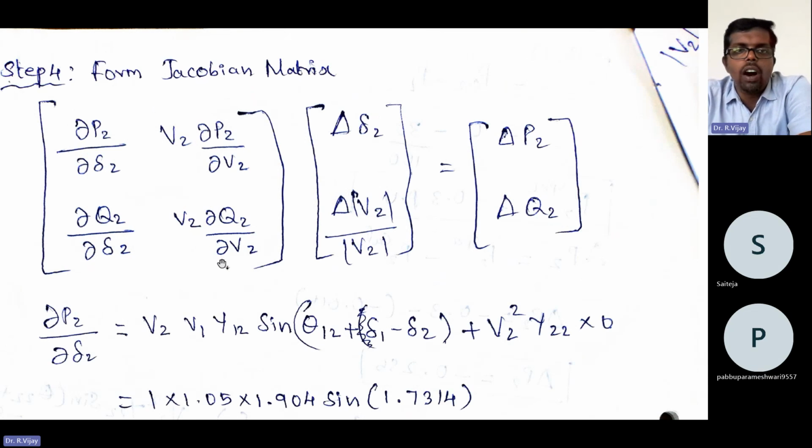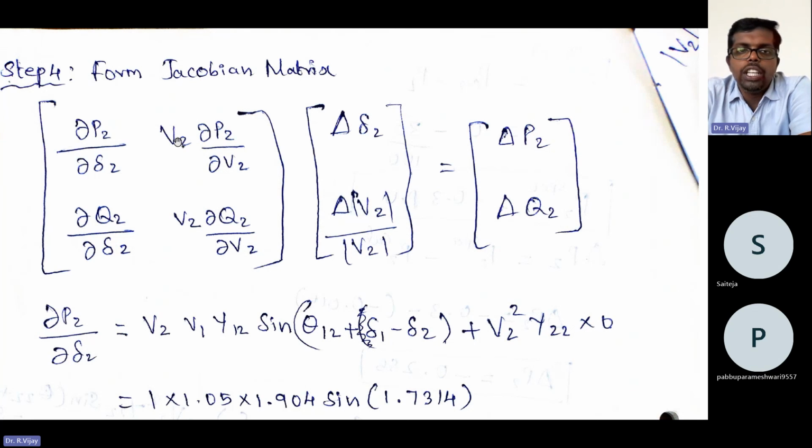So what is the next step? The next step is to formulate the Jacobian matrix. What is the general formulation of the Jacobian matrix? Del P2 divided by del delta 2, V2 into del P2 divided by del V2, del Q2 divided by del delta 2, V2 into del Q2 divided by del V2.